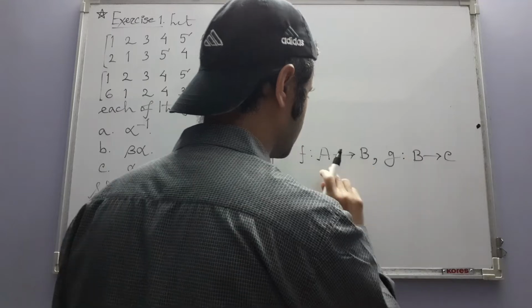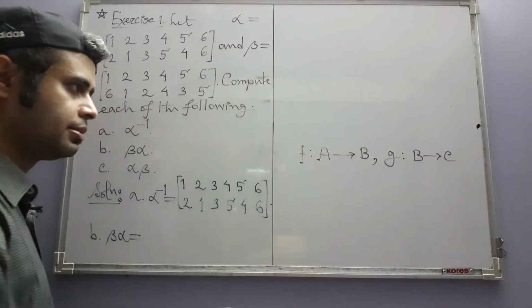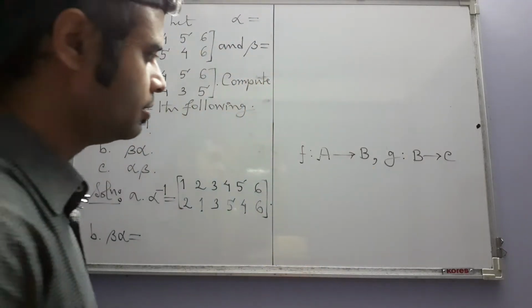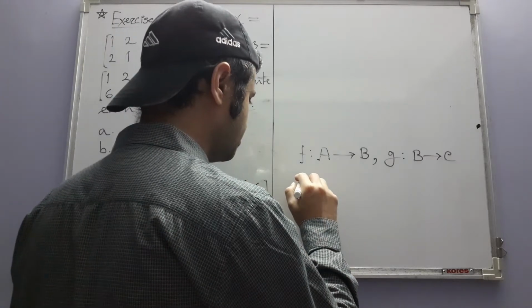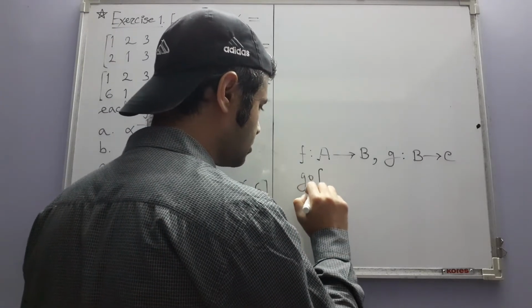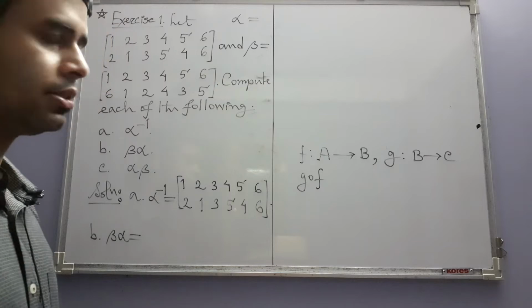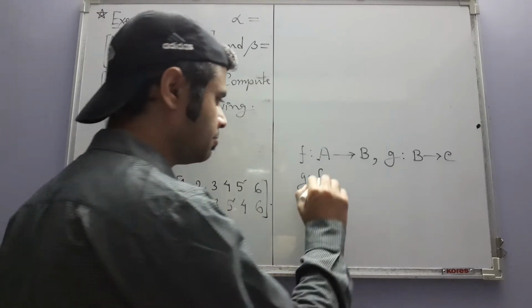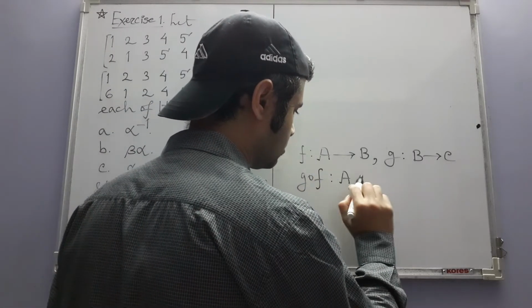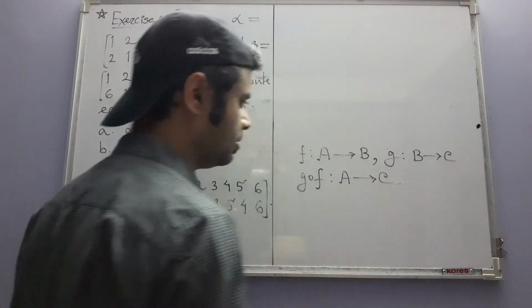F maps the set A into the set B and G maps the set B into the set C. Then we form the composition G composition F, which maps A into C.